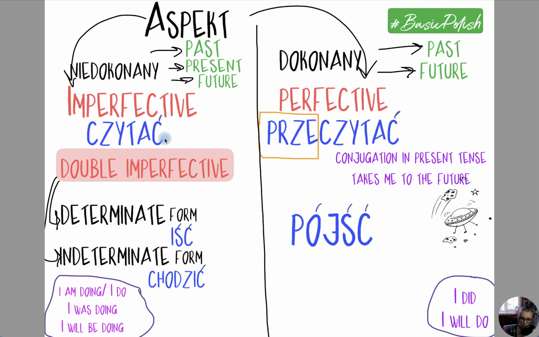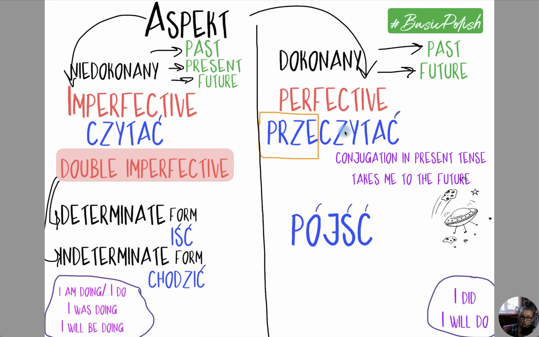But what if I told you that there is another verb to read? That's this one. Look what I'm going to do here. I'm going to add a prefix, prze, to our czytać, and that also means to read. So this means to read, and this also means to read, but there is a significant difference between this verb and this one.